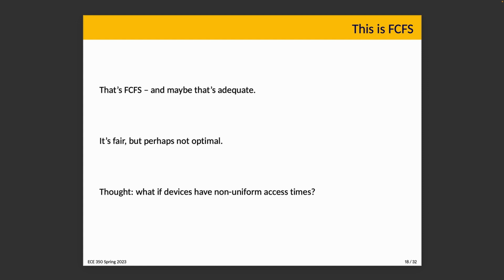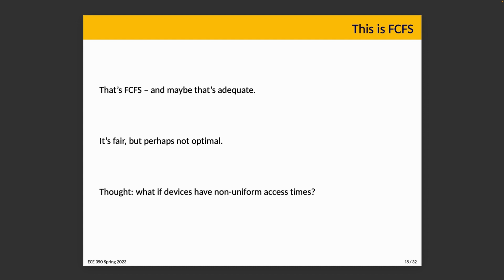So maybe a higher priority process's I/O request gets to go first, and a lower priority process's I/O request has to wait. That's plausible. There's usually some limits on these things to prevent starvation, but logically speaking, I can't see why this wouldn't work. Fair, but maybe not optimal.